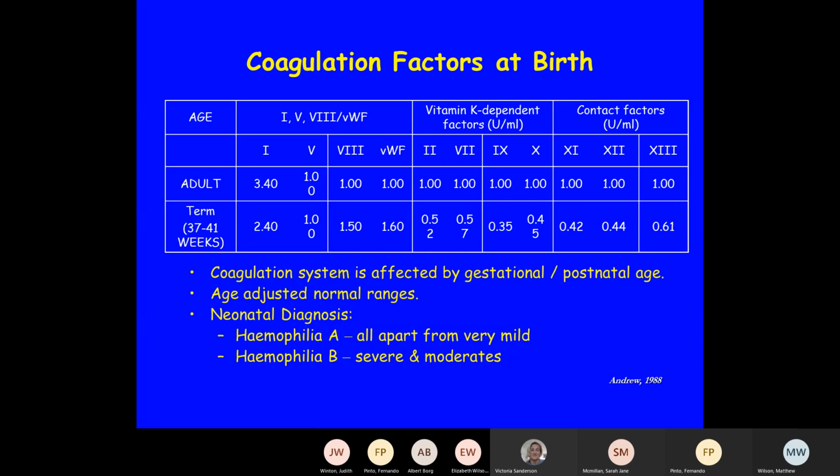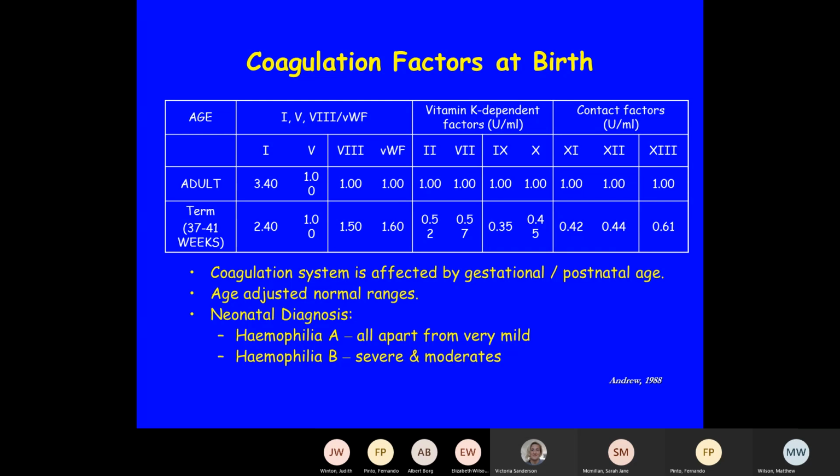So this is just to show how different the factor levels can look on a term baby as compared with an adult. I think this is just in percentage. For example, if you look at the lower row, factor 8 and von Willebrand, 1.5 and 1.6, just to show that during birth they're all elevated as compared with a standardized one for the adult, and all the other coagulation factors, the 2, the 7, the 9, 10, 11, 12, and 13, they're all reduced.